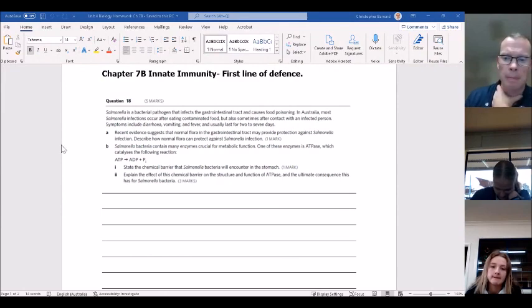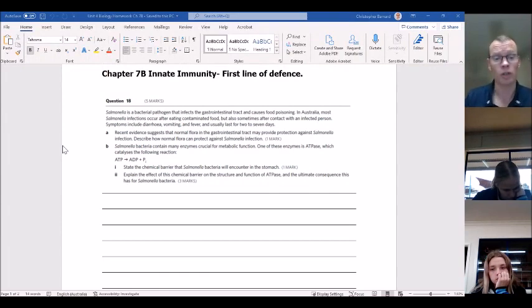The effect of low pH on the structure and function of the ATPase. Yeah, or just of enzymes in general. The enzyme itself, they've given you a specific example. The example doesn't really matter. It's just asking you about the effect of pH on enzymes, which you know.